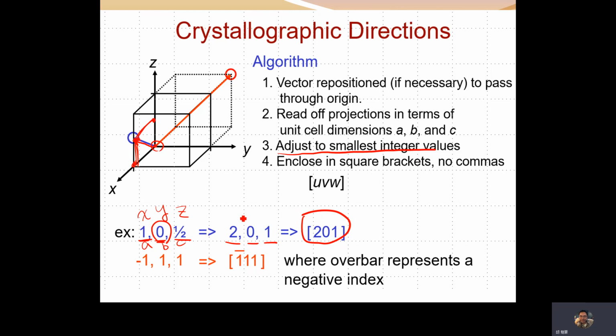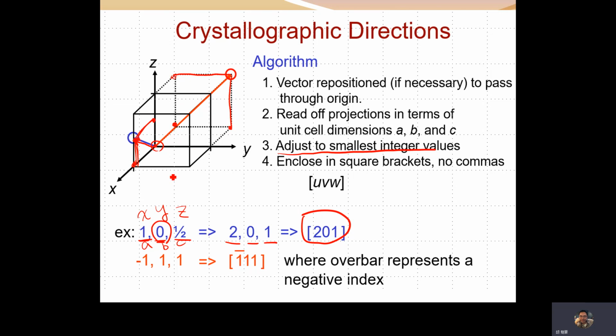Also, just do the other practice. It shows the red vectors, and we can find out its projection here, here and here.